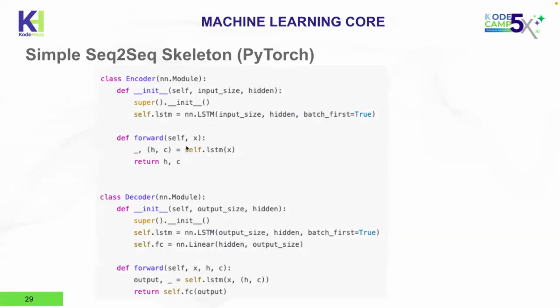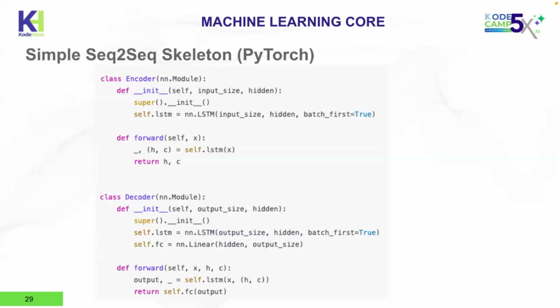And then when you are doing forward, you take the X, which is the incoming sequence, and that goes into the LSTM, right? And then you look at the hidden state and the cell state, and you are returning the hidden state and the cell state from the encoder, right?